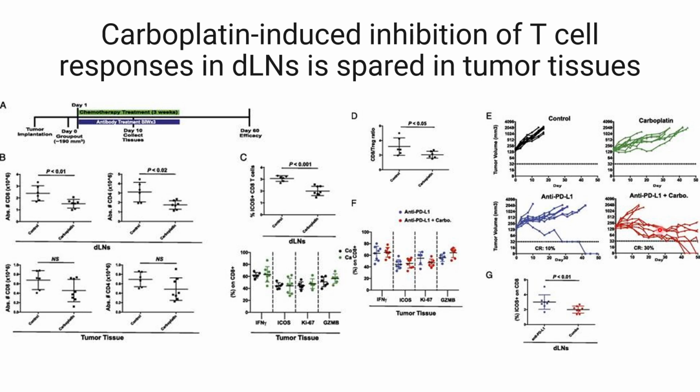So this indicates that the tumor infiltrating lymphocytes present within the tumor tissues are more important, and they are the ones responsible for the decrease in tumor growth.